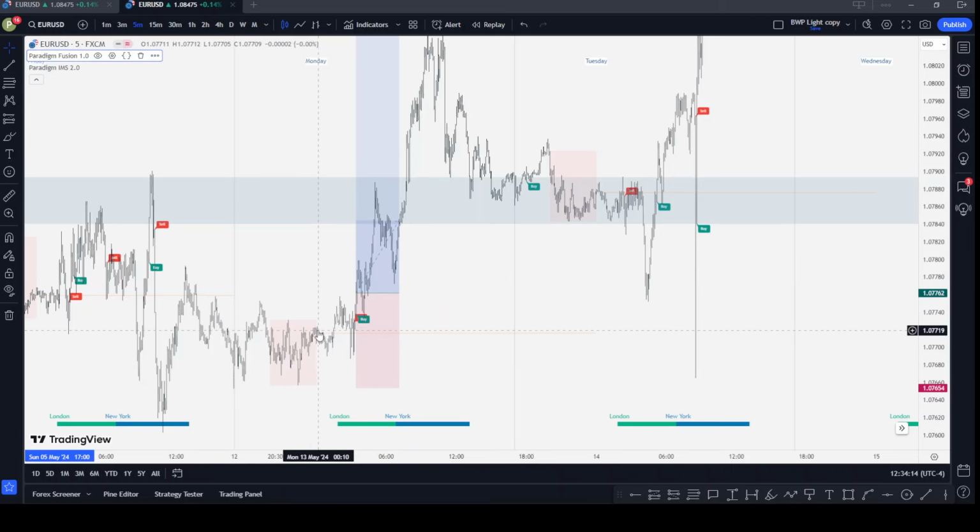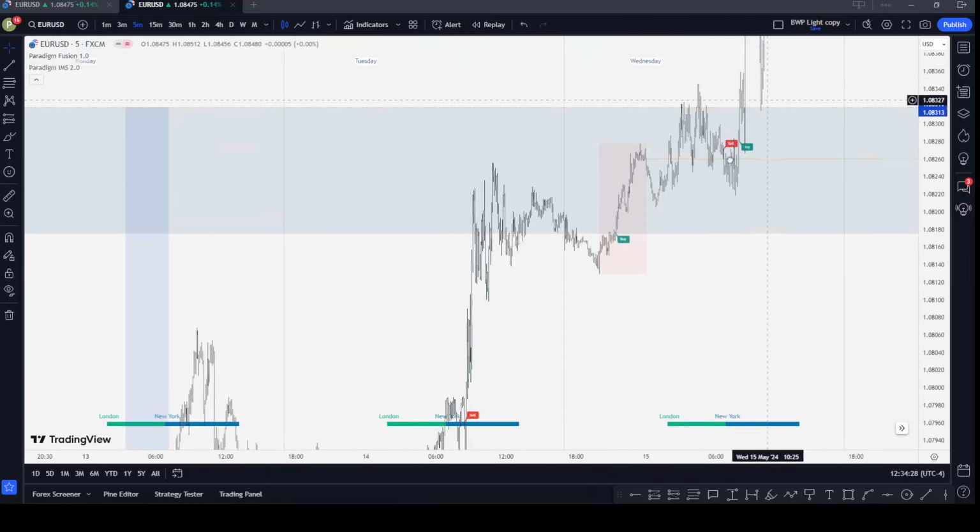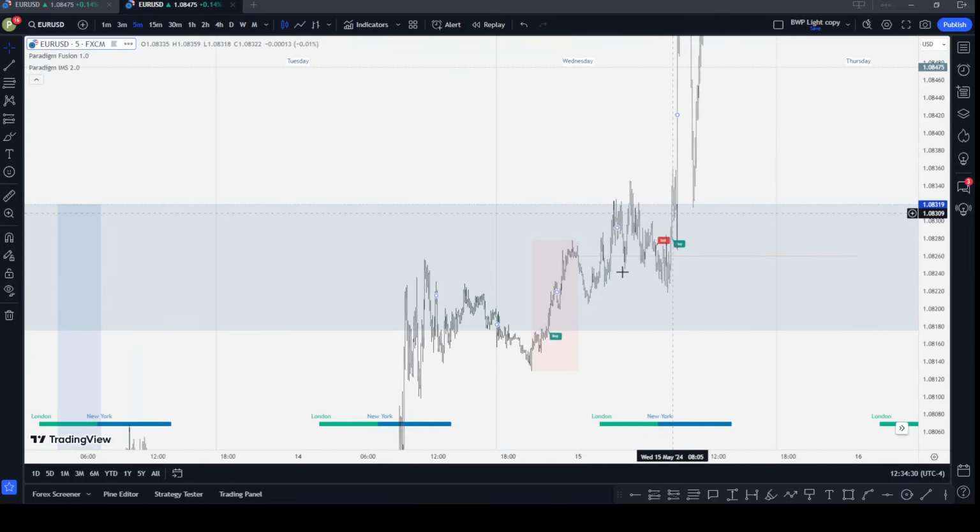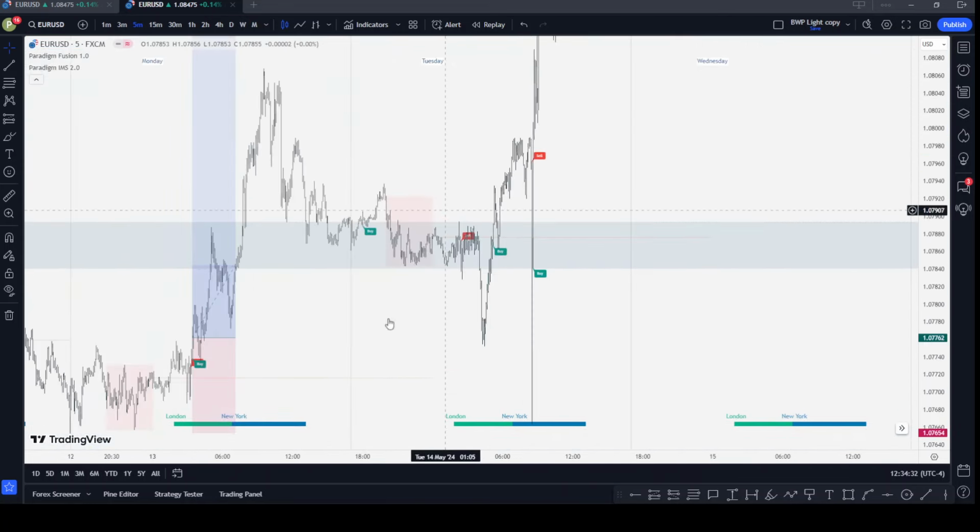So on this day, this is 12 midnight New York time. So this is the low of this day using that time frame. So you can see that this day has taken liquidity below this low. So, the price at which the setup formed is above the previous day's low.